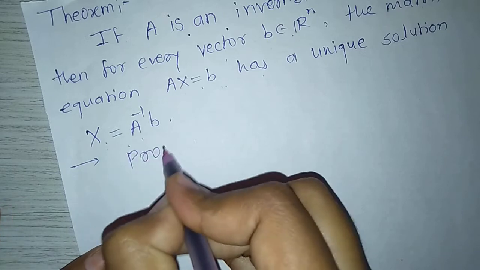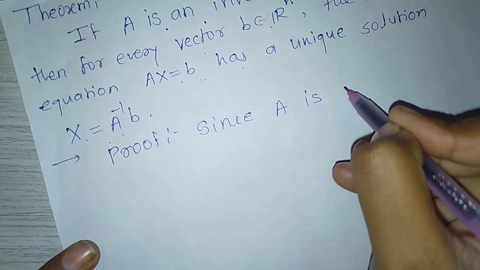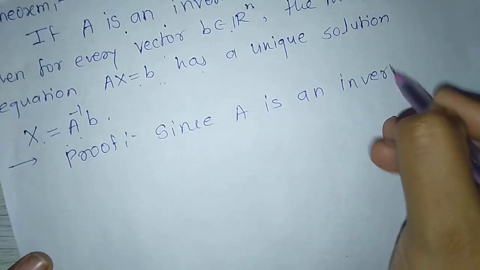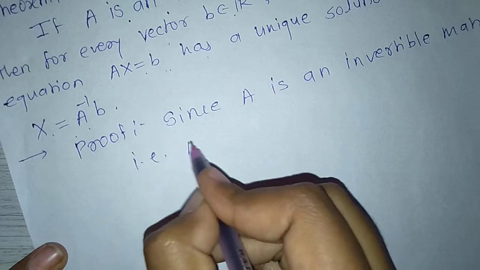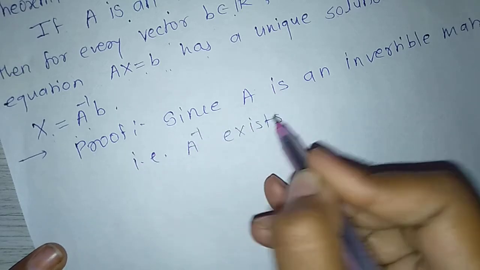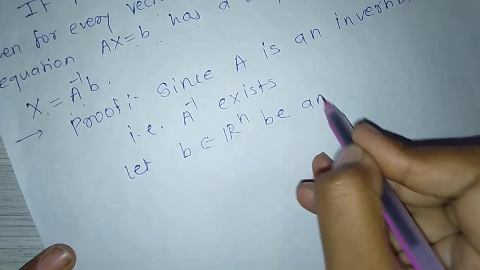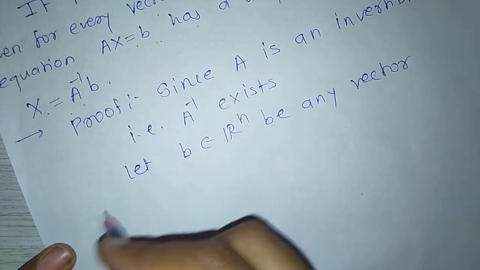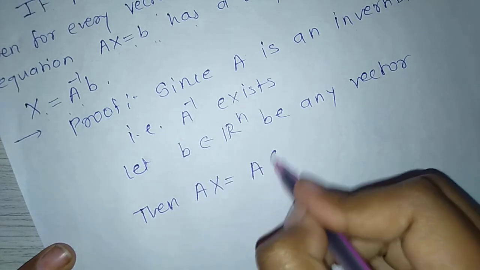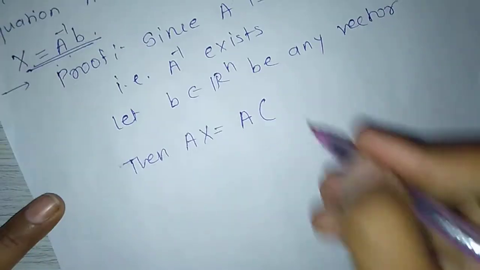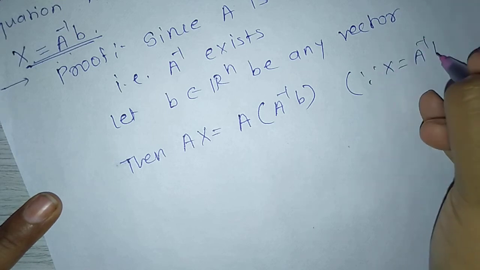Proof: since A is an invertible matrix, that is, A inverse exists, let b belong to R n, b any vector. Then A into x equal to A into A inverse b, putting x equal to A inverse b.